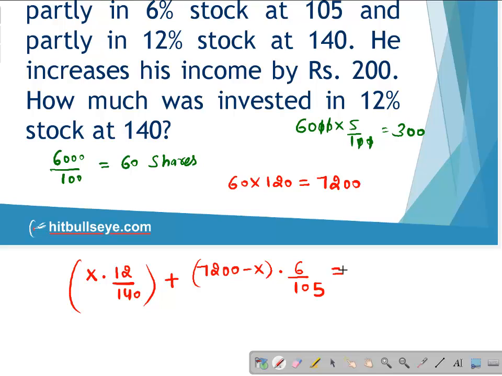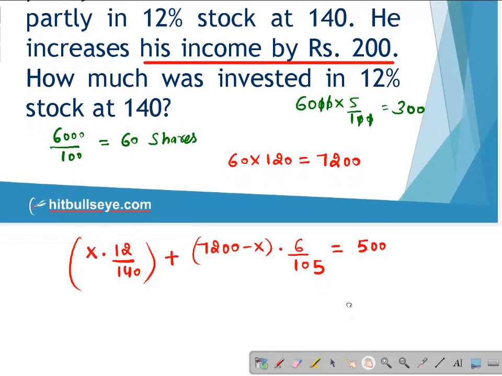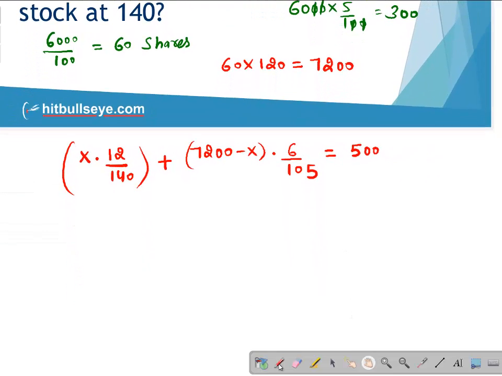Now students, in the first case he earns an income of 300, and here his income increases by 200. So that means he must be making an income of rupees 500. So we put that equal to 500. Now this you have to solve, students. Let's solve it here.